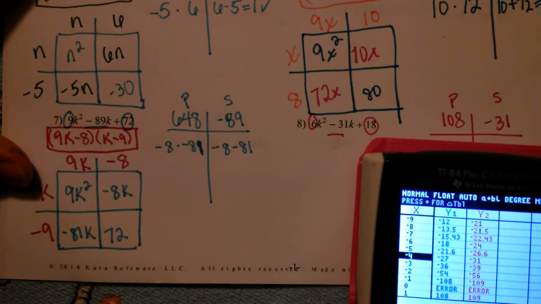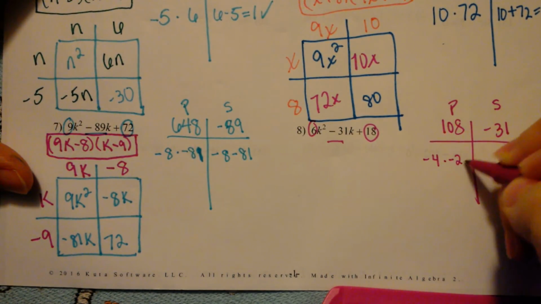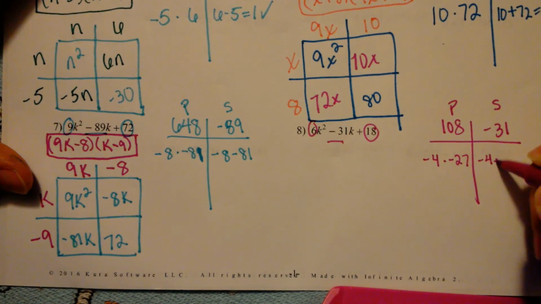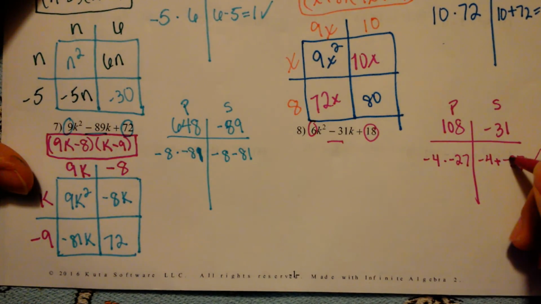So my two factors are negative 4 and negative 27. Ugh, 27.